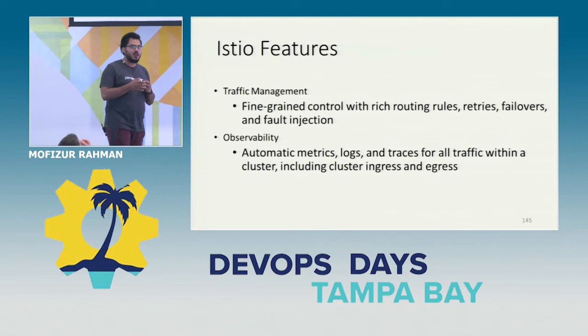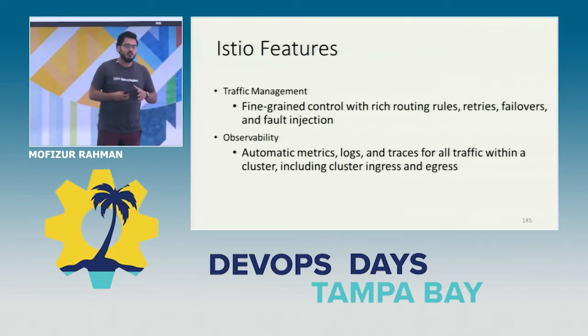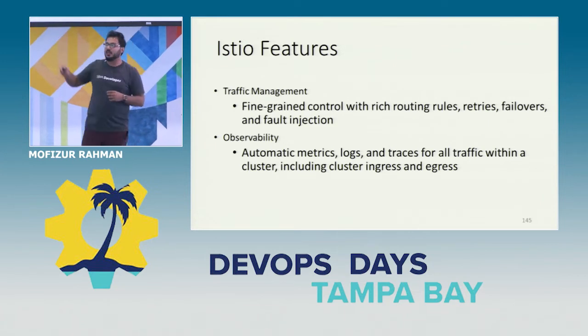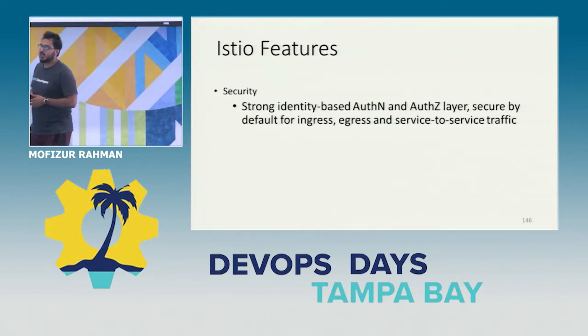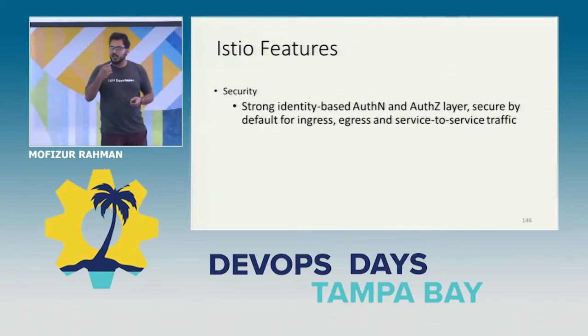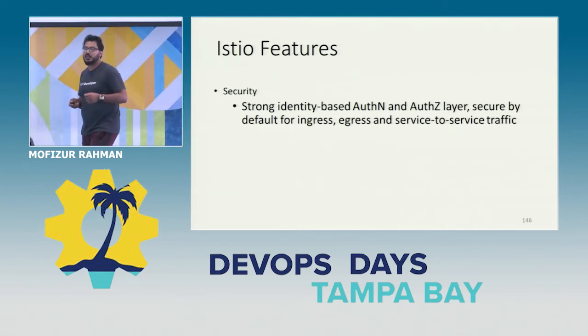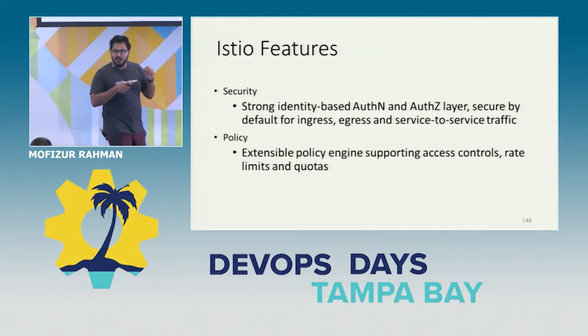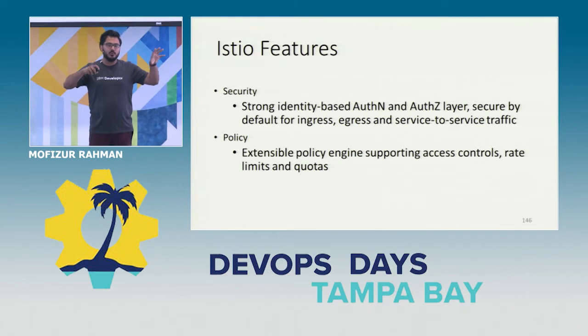Observability, you have metrics, logs, and traces for all traffic, both within your cluster and coming from outside and going outside. You have security, so you have identity-based authentication for ingress, egress, and service-to-service traffic, so you can enable mutual TLS. And you can enable policy that allows you to define who can talk to who at any point in your cluster.